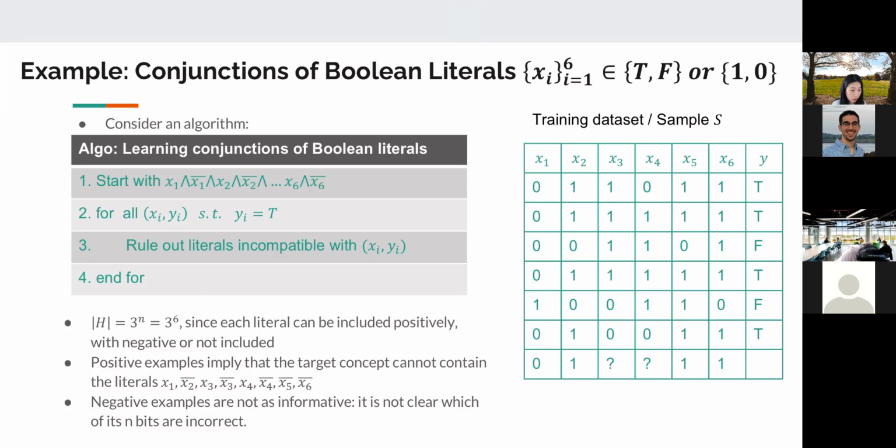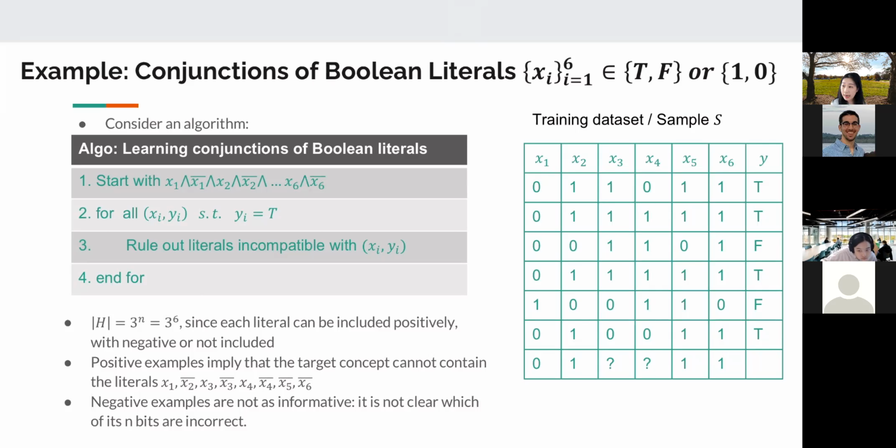Now, since we've gone through the algorithm, is the algorithm consistent? Meaning, after running the algorithm, can I get 0 error on this training data set? The answer is yes.